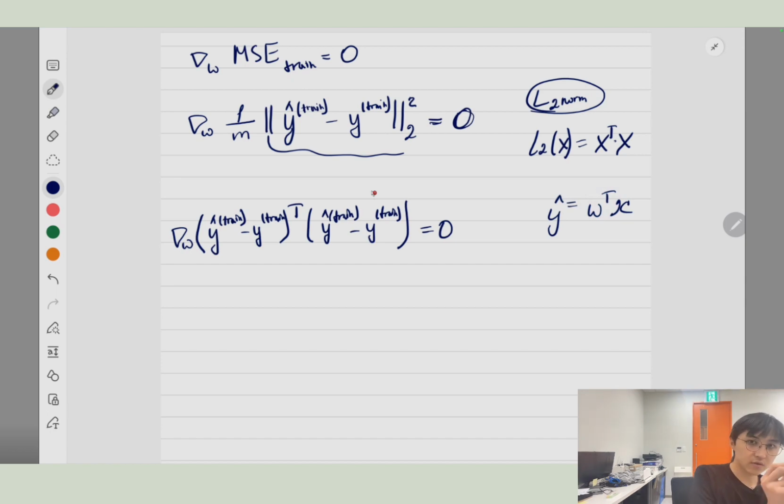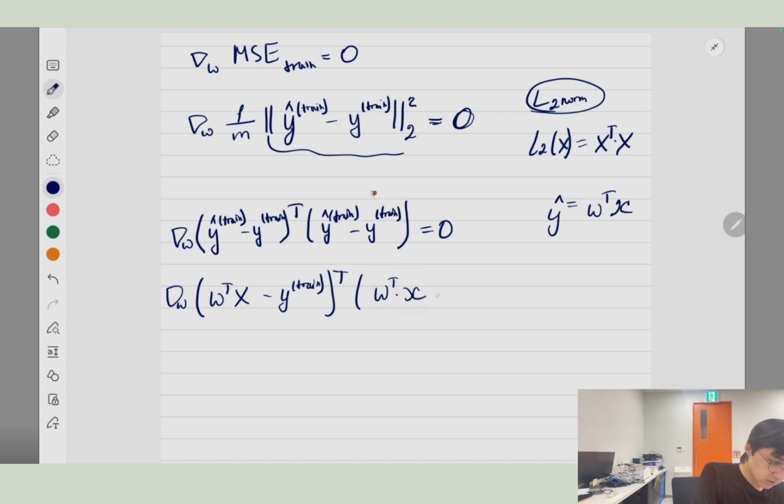It will be the derivative of weight equal to weight transpose x minus y train, transpose, times weight transpose x minus y train, equal to 0.